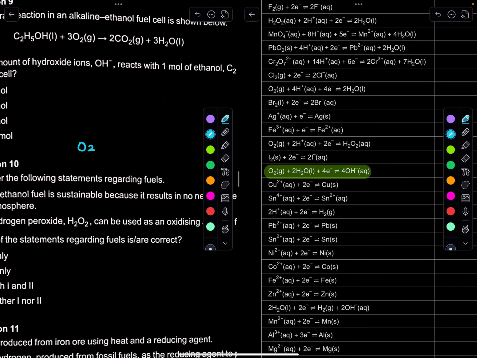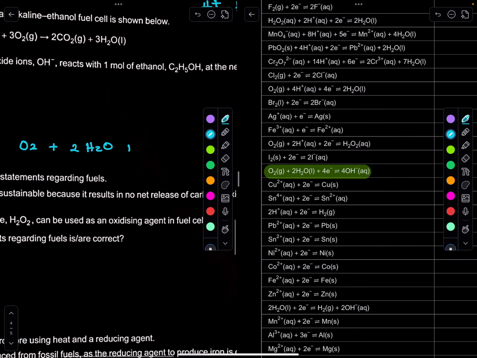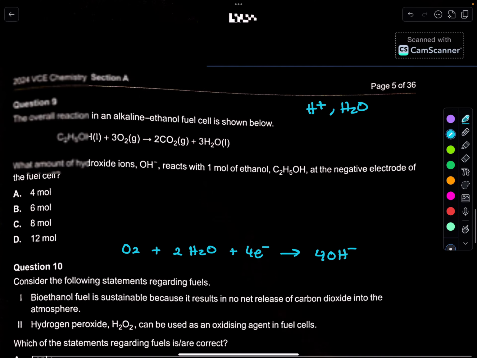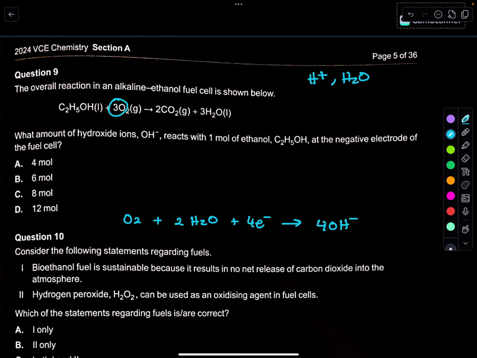So O2 plus 2H2O plus 4 electrons becomes 4OH minus ions. All right, so done. Now, I'm going to make sure that these are the same. Can you see how there's 3 oxygens?